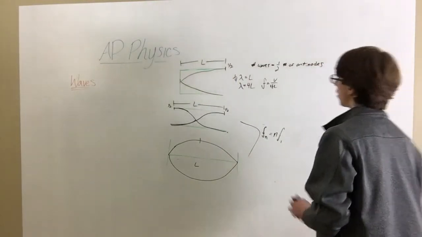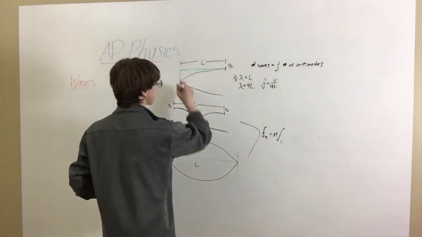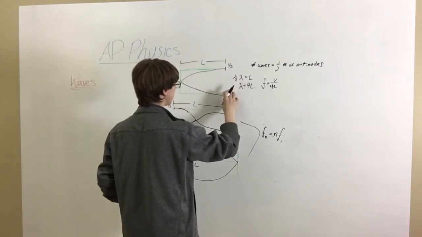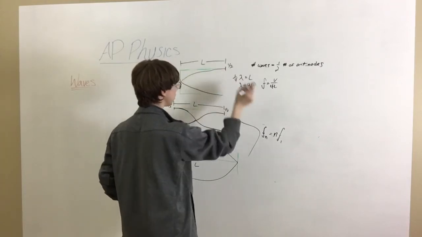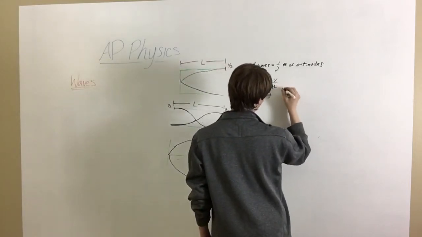Now for this one, what's the next harmonic? Is it the second harmonic? Well, can we add half of a node here, half of an antinode here? That wouldn't be possible. The next harmonic is actually the third harmonic.